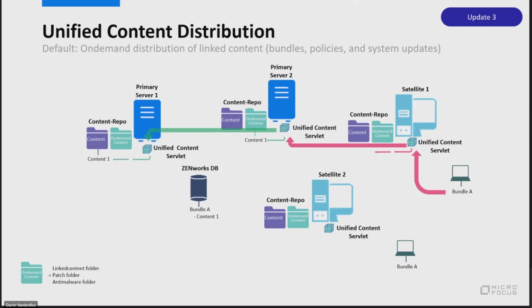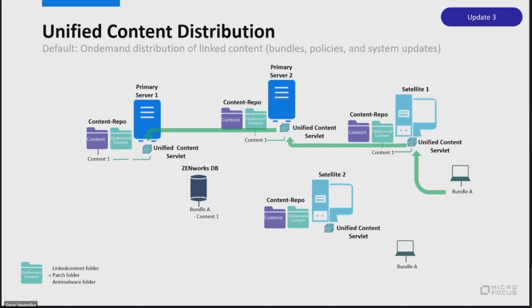It does have it. It serves it back down to primary server 2. It basically serves it back down the chain until satellite 1 has it, and then bundle A can be installed on the managed device. So you can see from this that there won't be any failure because the content server doesn't have it, and it can be pulled on demand.